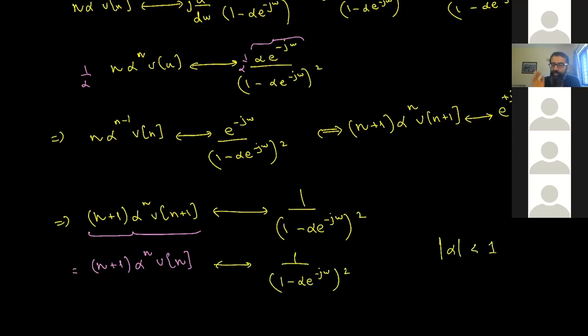Otherwise, this does not hold true. If absolute value of alpha is greater than 1, फिर क्या होता है? सर डाइवर्स करना स्टार्ट हो जाएगा. Exactly, and the Fourier transform does not converge. Yes. Does not exist.